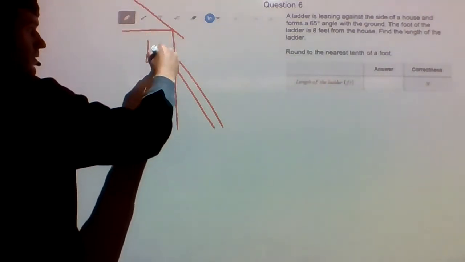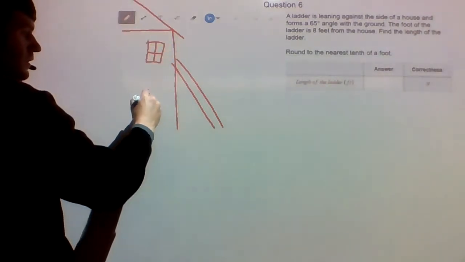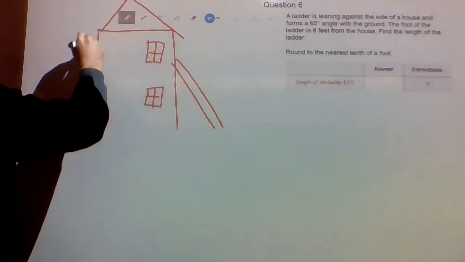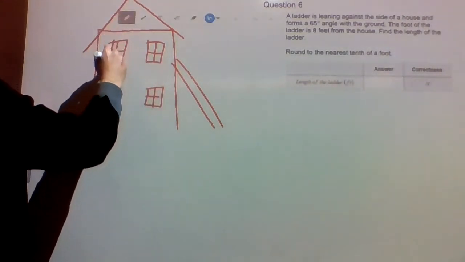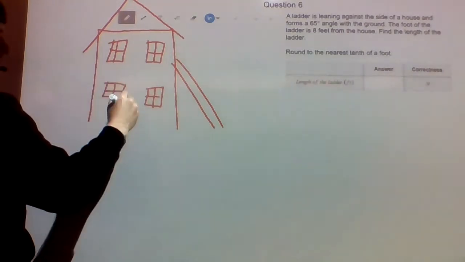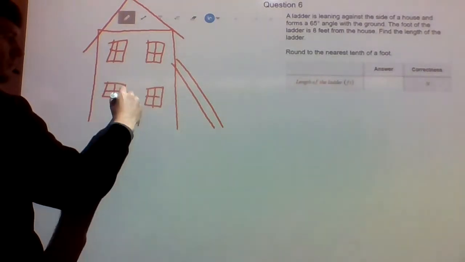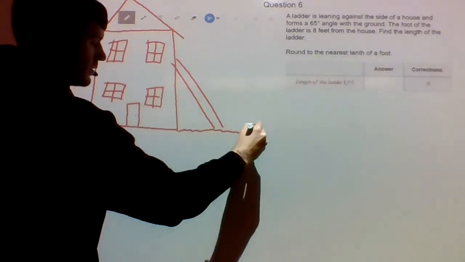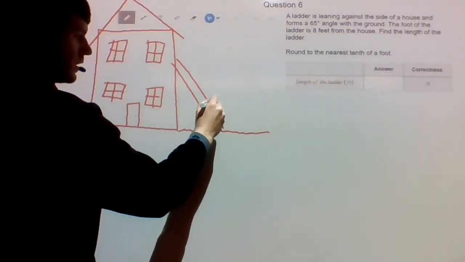We got an upstairs window, we got a downstairs window. Got a door. There's our house, and then we got some ground out here. And here's our ladder leaning up against that house.